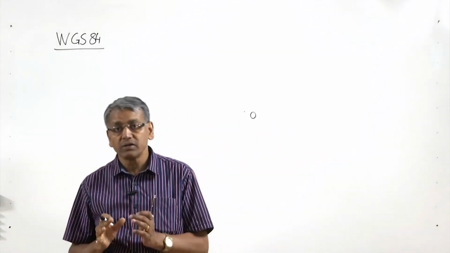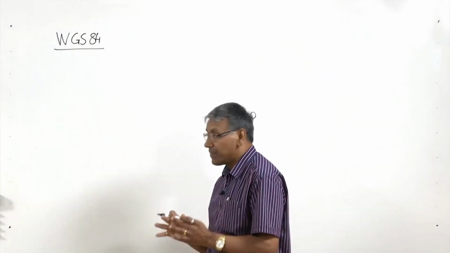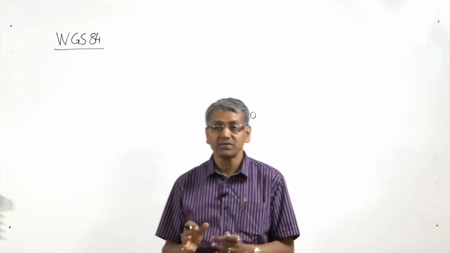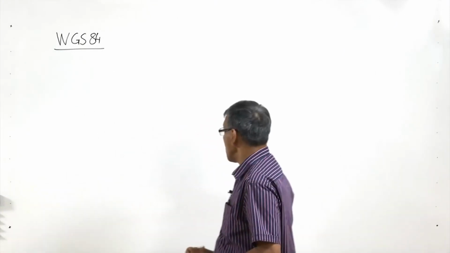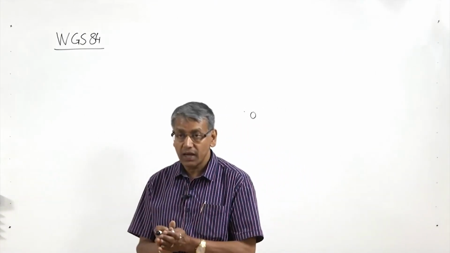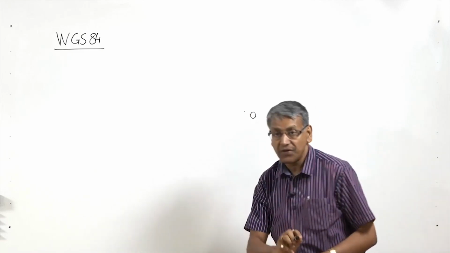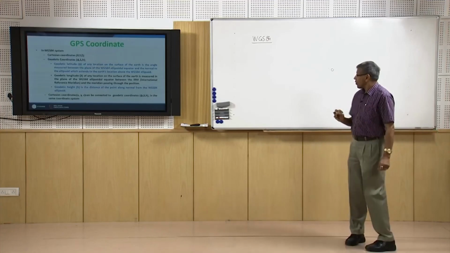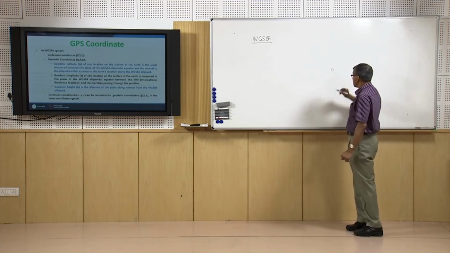When we consider the center of mass of the earth, it is the mass of the solid earth along with the mass of the liquid, that means water in the ocean, as well as the atmosphere. Considering all this together, the center of that is the center of mass of the earth, and this is considered as the origin of the reference coordinate system, that is the WGS84 system.